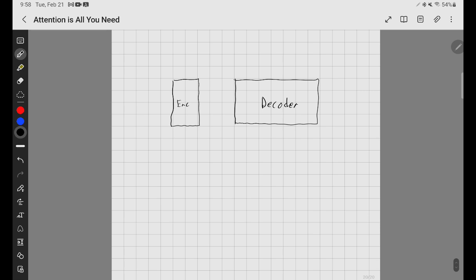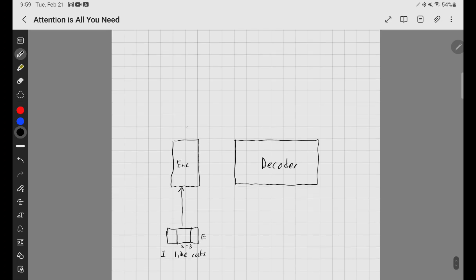So you have this sequence, I like cats, and that's S by E, S is equal to 3.